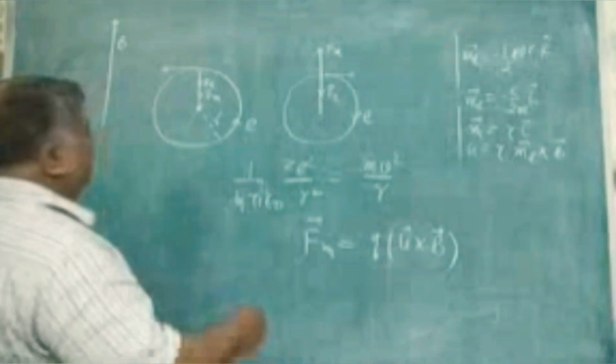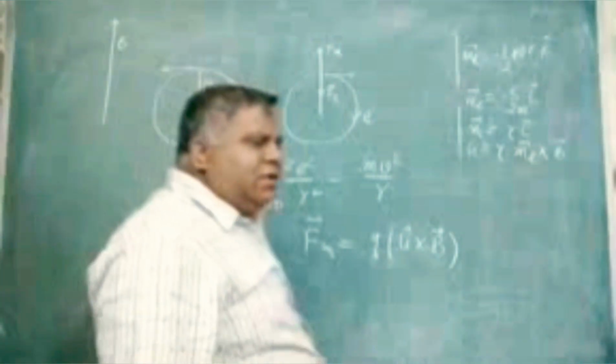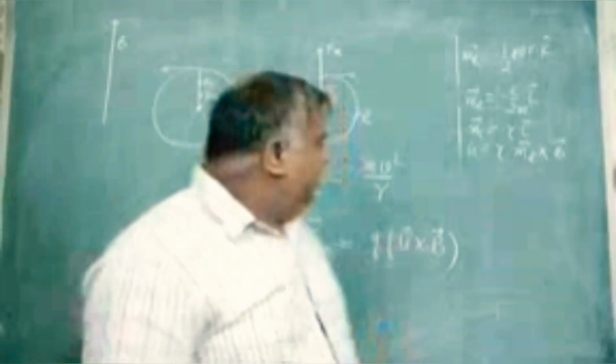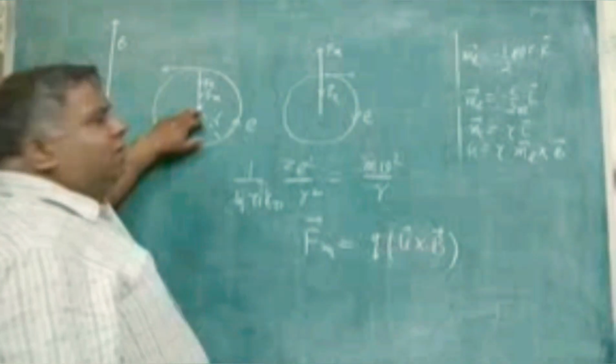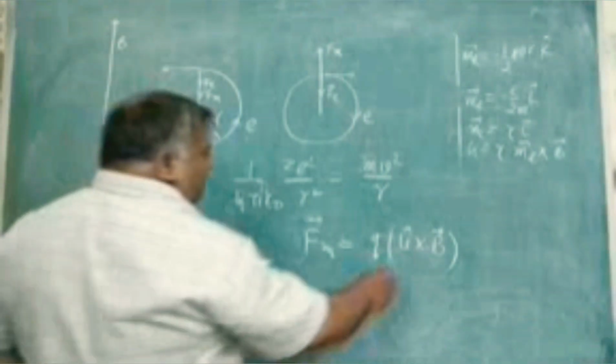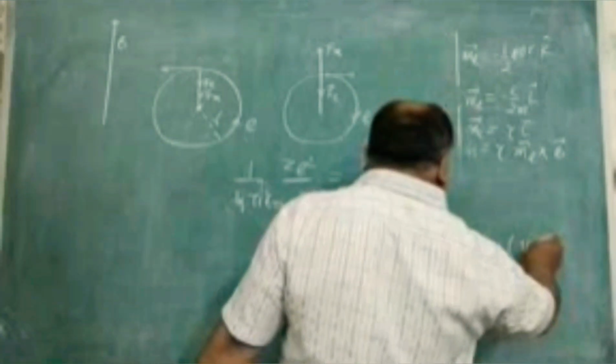So obviously if charge is positive, force is outward. But the electron has negative charge, this makes this force toward the center. So in case of electron it is minus E, V.